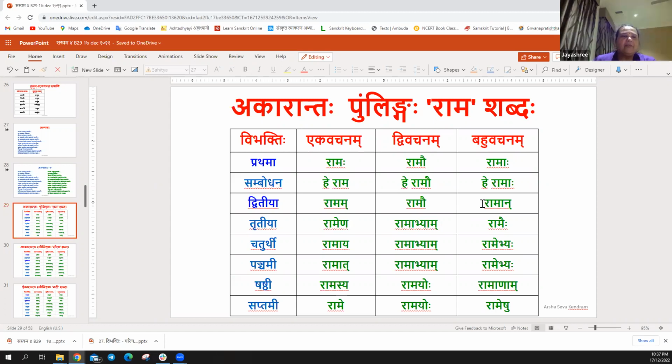Samyak. While writing, we have to be particular about this. Ramena. All right. With Ramena, Ramana, we have to put Dirga, what is it? Big na. All right. With Krishna, what happens? Krishnena.